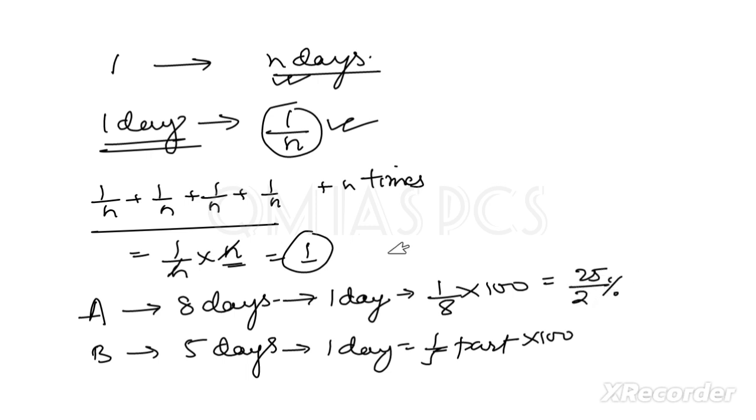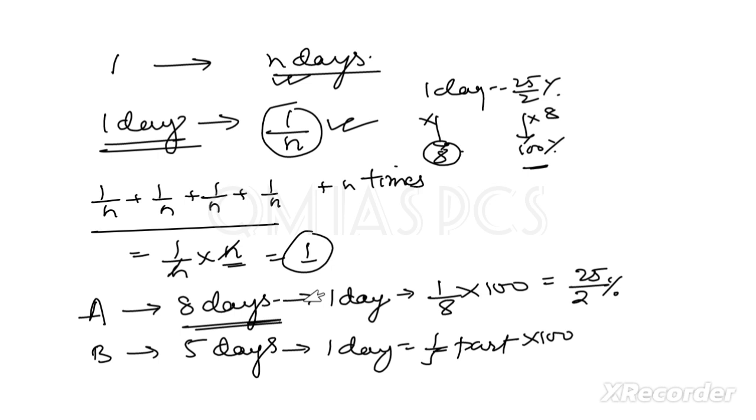Now you have to reach 100 percent. How to reach 100 percent? You have to multiply by how much? 8, right? When you multiply by 8 it will be 100. So it will take 8 days. You got the 8 days, right?